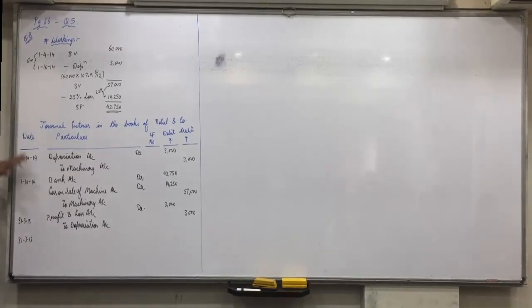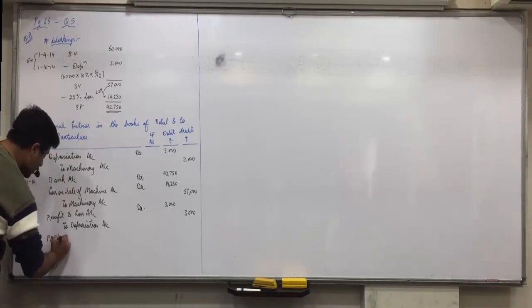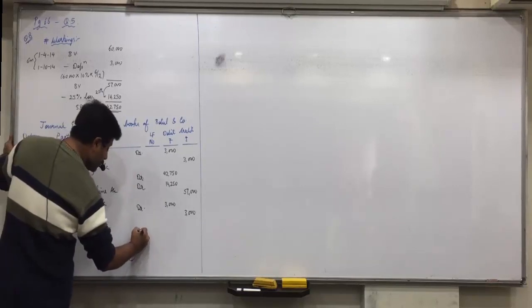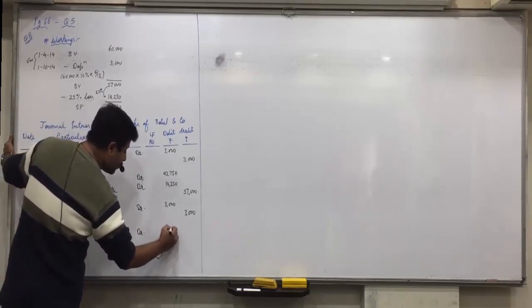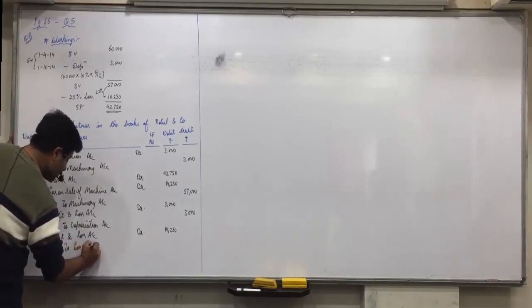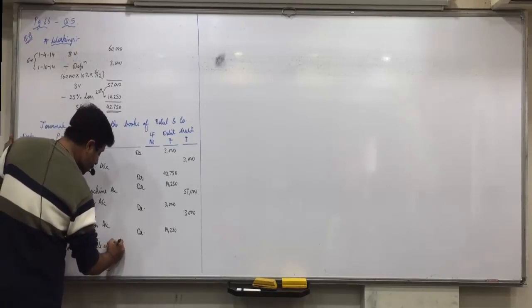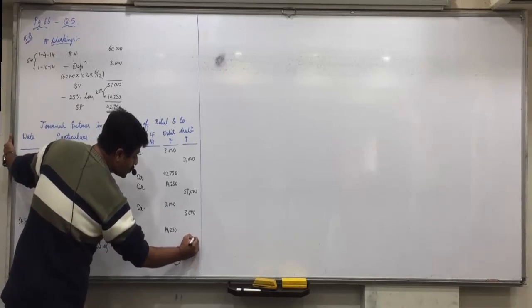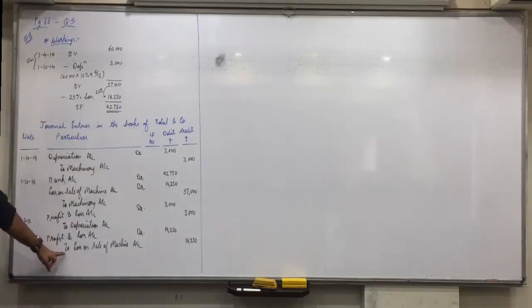Okay, and also this loss will be transferred to profit and loss. What do you do to close the loss? Reverse and credit. So profit and loss account debit to loss on sale of machine account 14,250. Last two combined entry can also be passed.